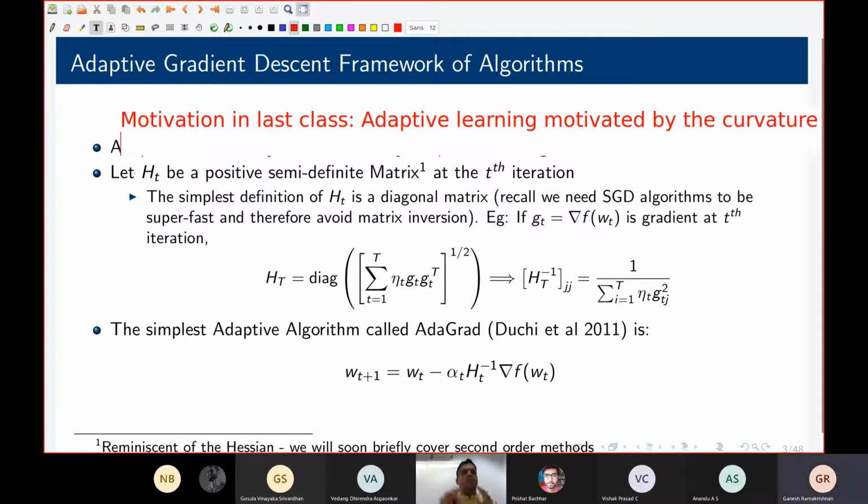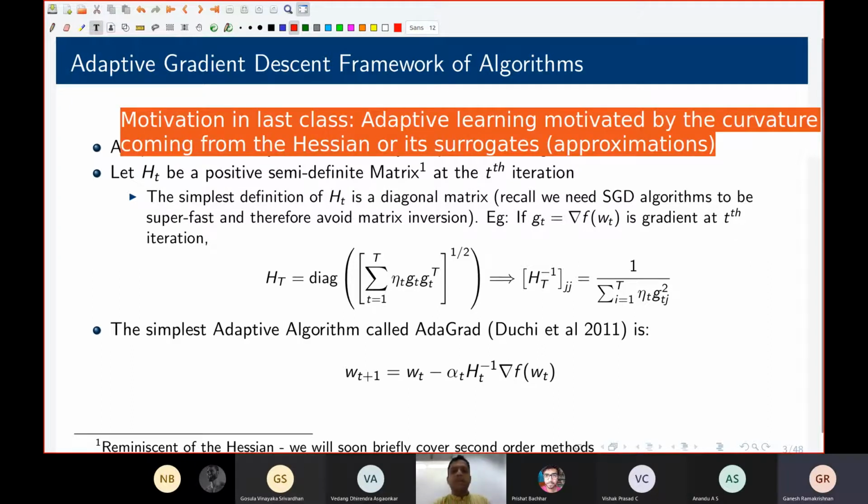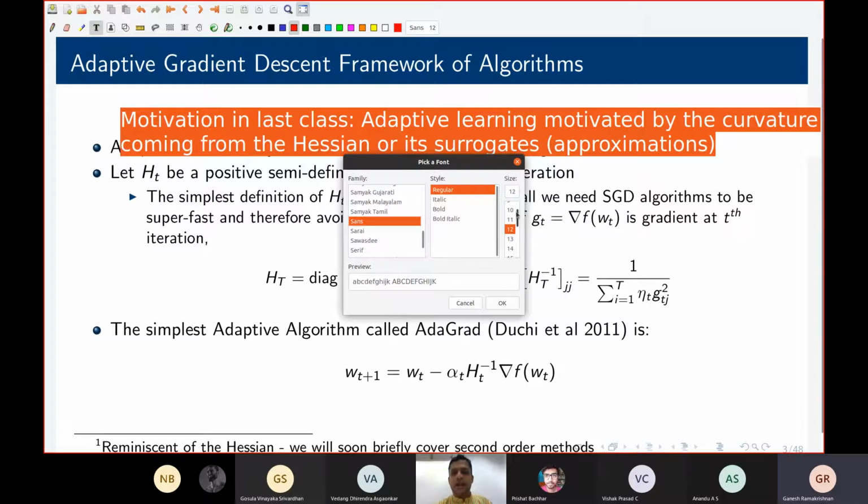I talked about the general Newton update, and I said that this curvature comes from the Hessian, the matrix of all second order derivatives and mixed partial derivatives, or its surrogates. Very often we have quasi-Newton methods, which don't try to get the Hessian but a surrogate, an approximation. That's how I had motivated it in the last class.